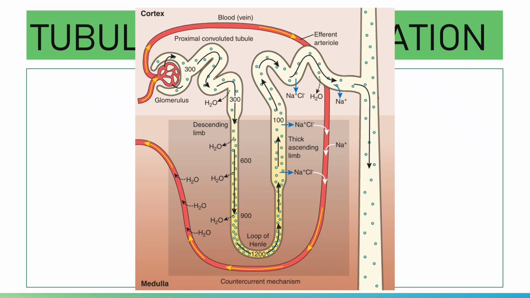Please note that your collecting ducts use this gradient to reabsorb water under the influence of antidiuretic hormone, producing a concentrated urine. Please observe again the movement of the blood flow here. This is the cortex and this is the medulla.